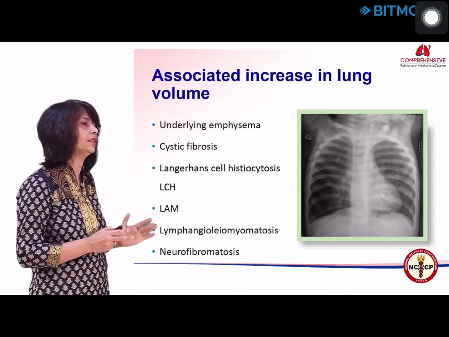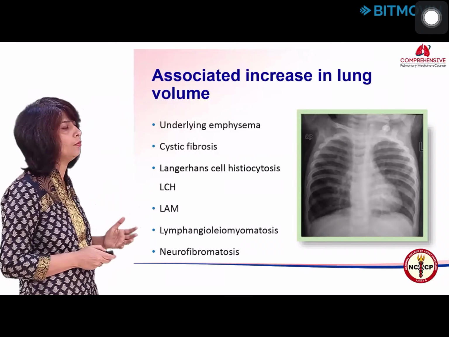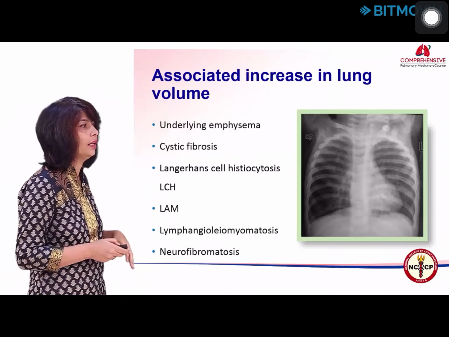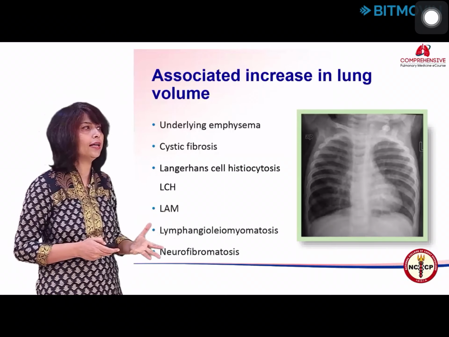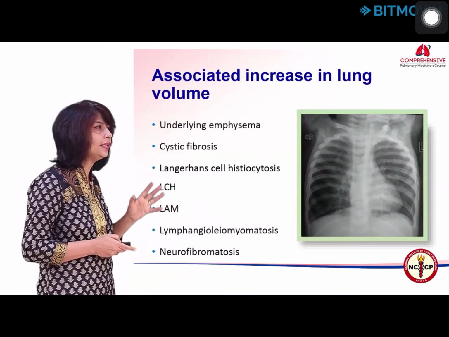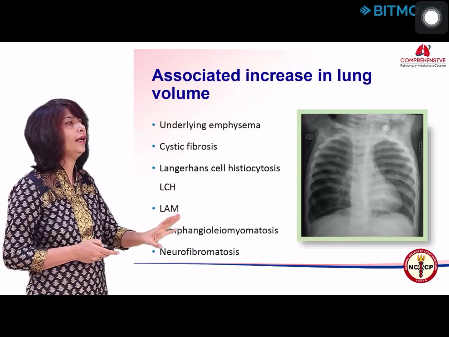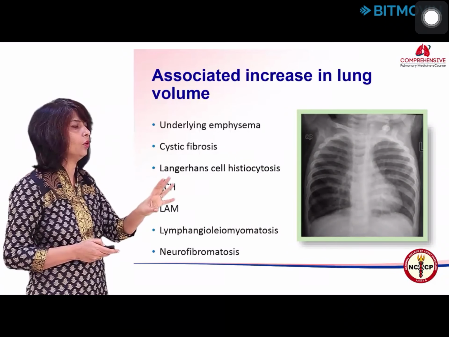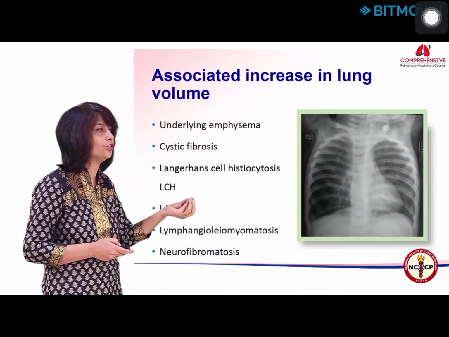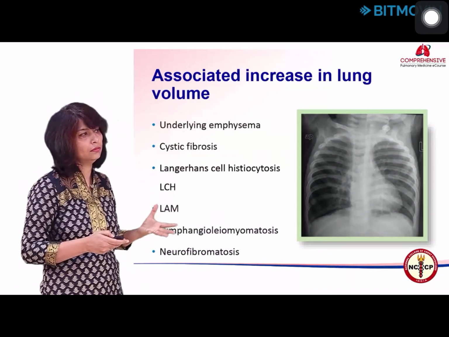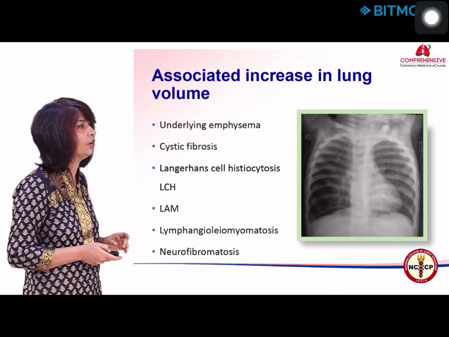There is no definition of the term, but broadly, when the dominant abnormality is cysts, bilateral and diffuse, it's a form of ILD which is labeled as cystic lung disease. These are usually associated with preserved and or increased lung volumes, with Langerhans cell histiocytosis and lymphangioleiomyomatosis being the poster boys of this disease group. So this is a child of LCH.